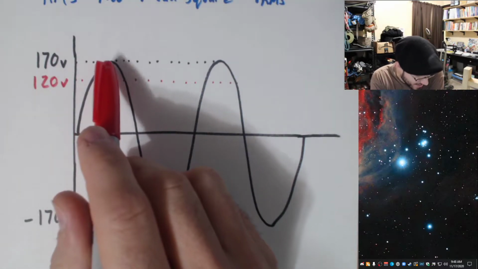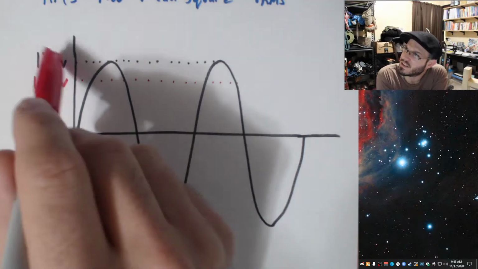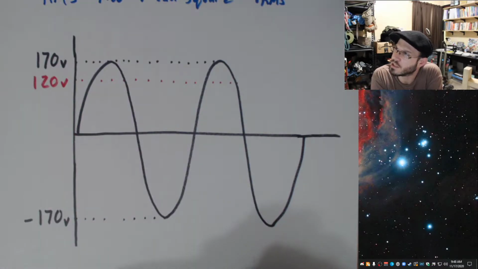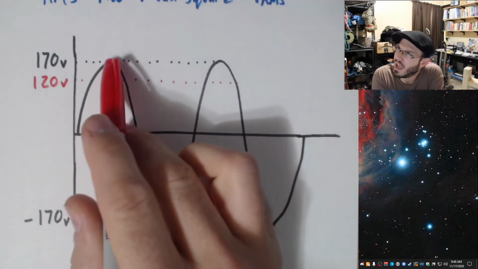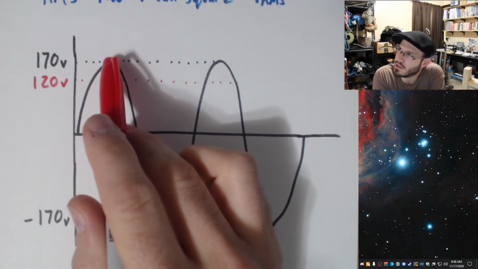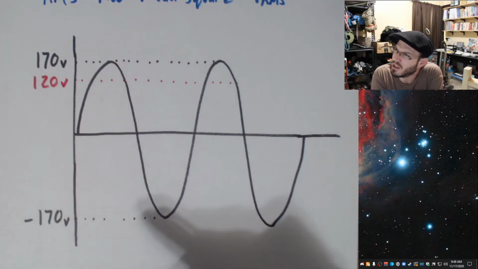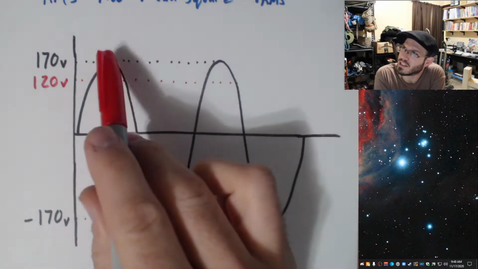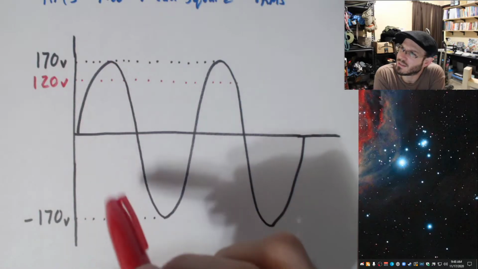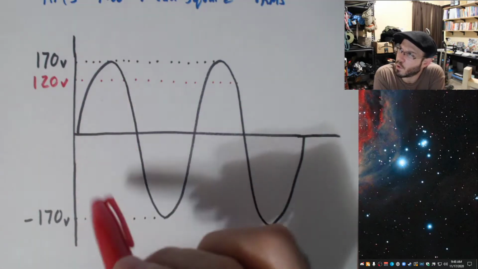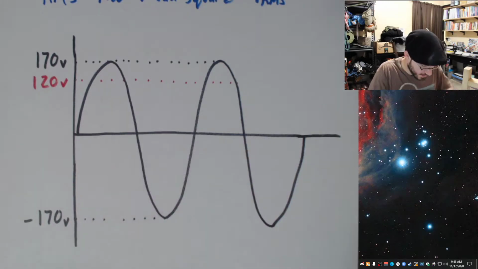I really can't calculate much based off of the peak voltage, because the peak voltage is only this voltage at this one moment in time. Similarly with the peak to peak voltage, it's only 340 volts peak to peak.